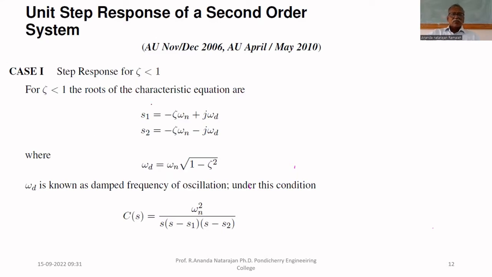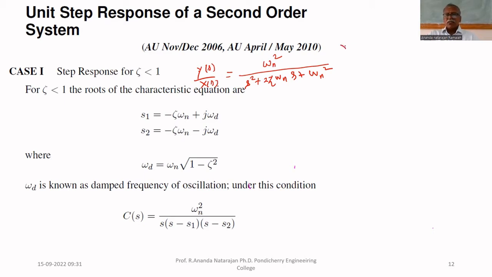Now let us find the unit step response of a second order system whose transfer function is represented in natural frequency form: k omega n square upon s square plus 2 zeta omega n s plus omega n square, and k equal to 1.